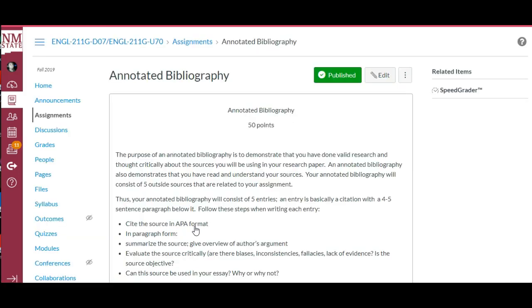I feel like a lot of people are intimidated by the annotated bibliography, but basically what it is, is that you summarize all of your sources and you evaluate them critically.